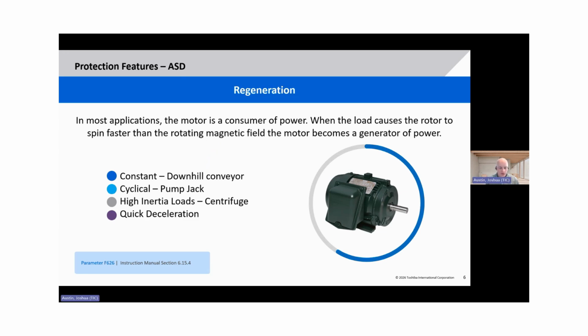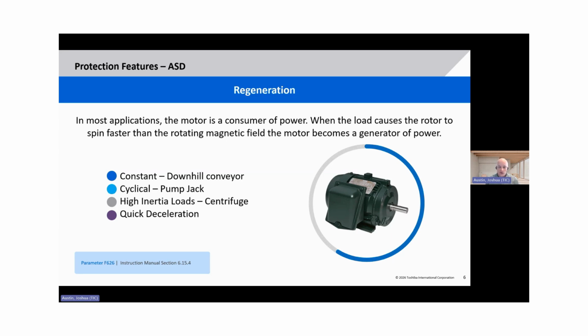So we talked on the last slide about the voltage rating or specification. And there are some applications where the motor actually generates voltage back to the drive. So that's not always the case, and in the vast majority of applications, the motor is going to be a consumer of power.